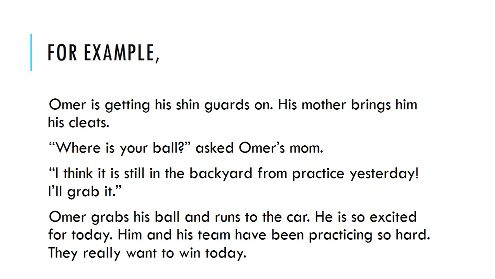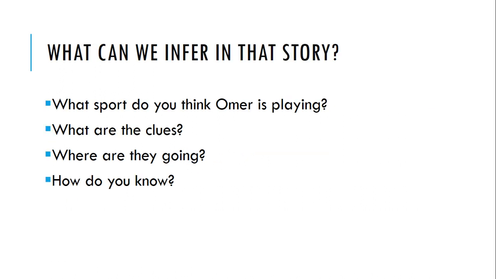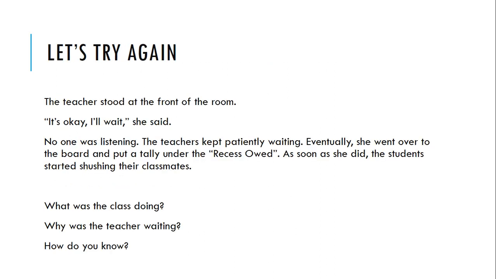Okay, so that's a good one. And he had a practice yesterday, so they really want to win today. Him and his team have been practicing so hard. They really want to win today. He's probably going to a football game or a soccer game, maybe a match. So that is inferencing. So we've looked at who, what, when, where, and how, okay?